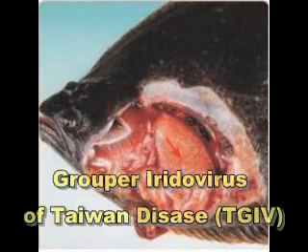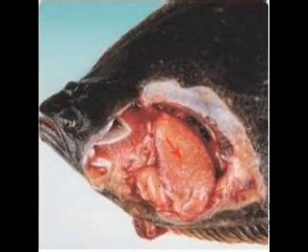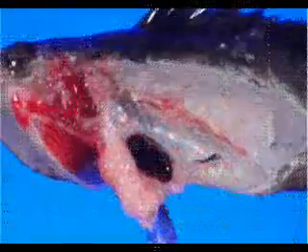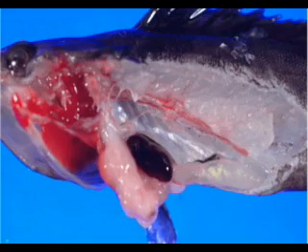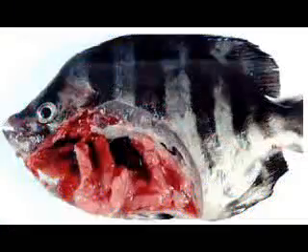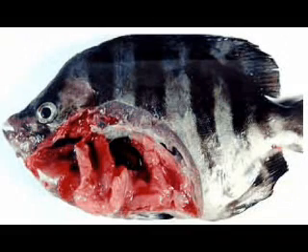Grouper iridovirus of Taiwan, or TGIV. Diseased fish swim in circles and are anemic. Fish lose appetite and then become underweight and lethargic. The spleen of affected fish has abnormal hypertrophied cells containing numerous icosahedral virions.